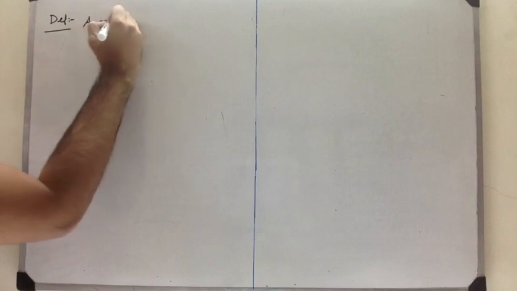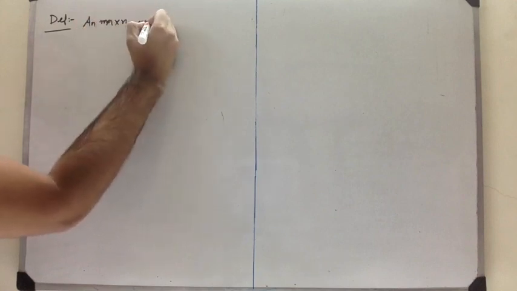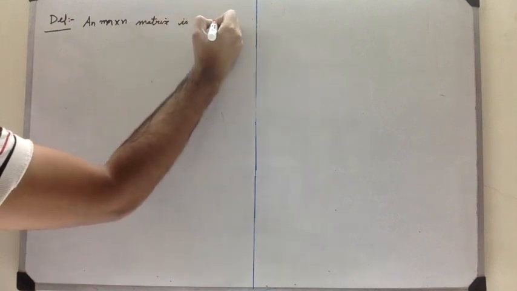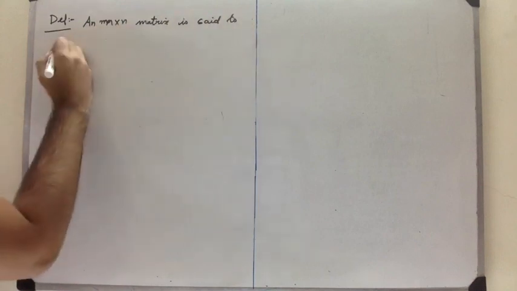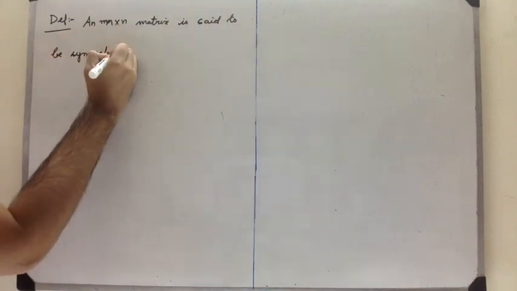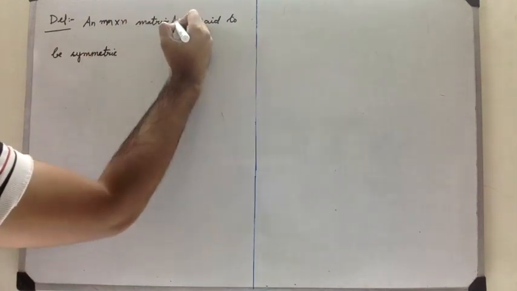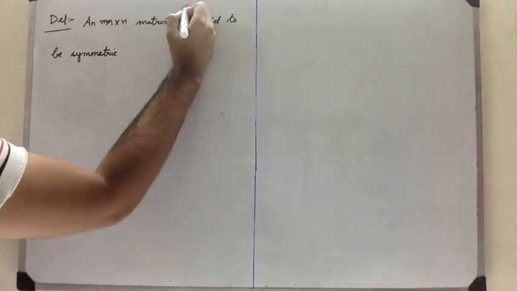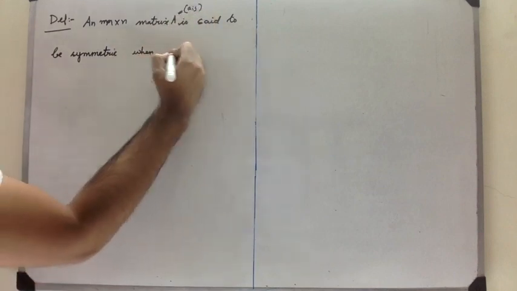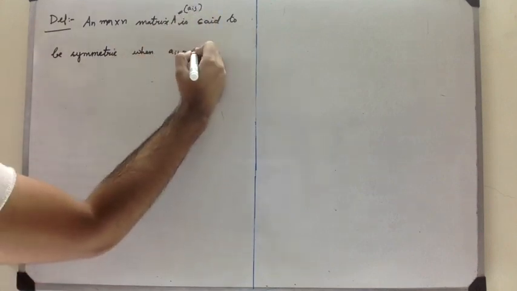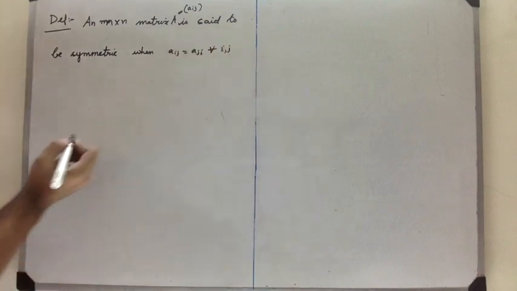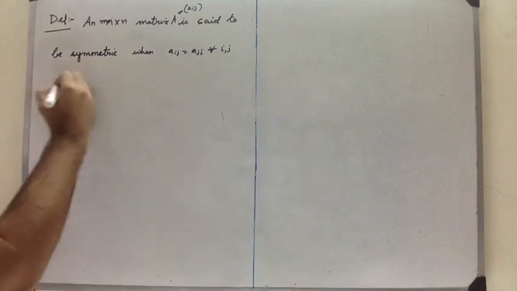An n cross n matrix A, whose components are Aij, is said to be symmetric when Aij is Aji for all i, j.